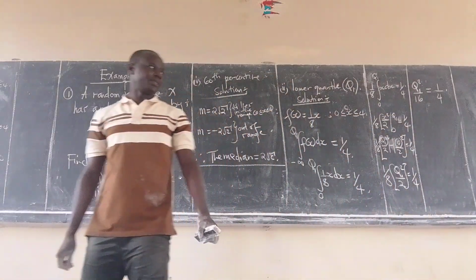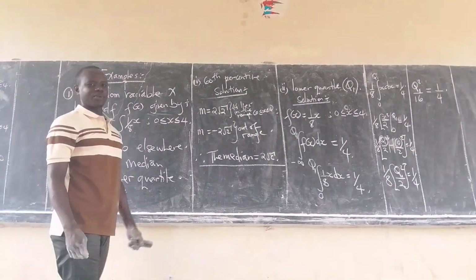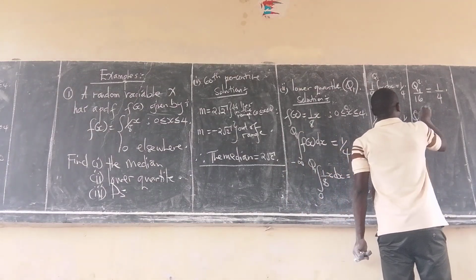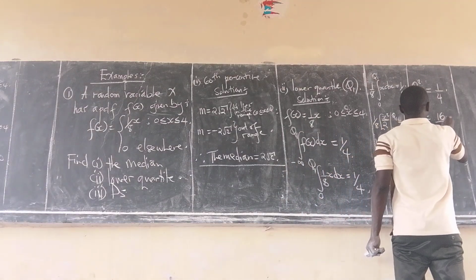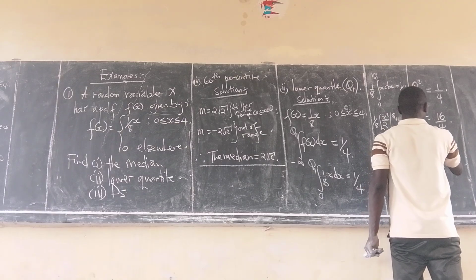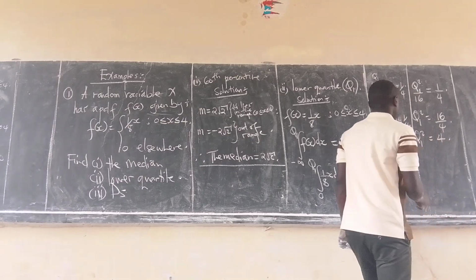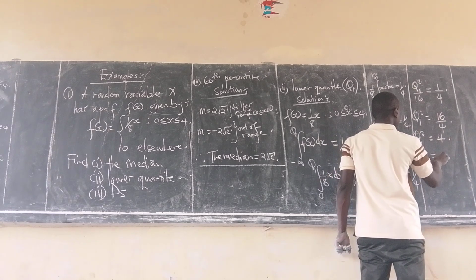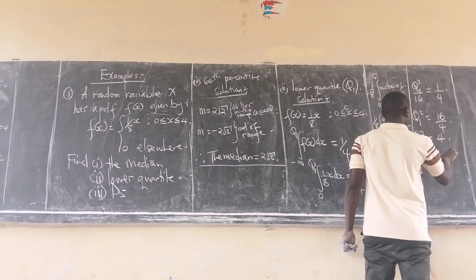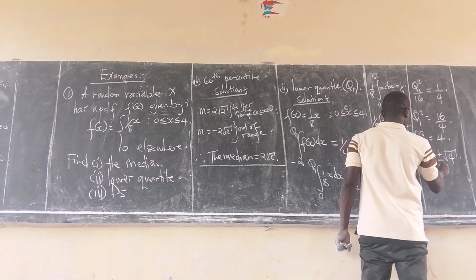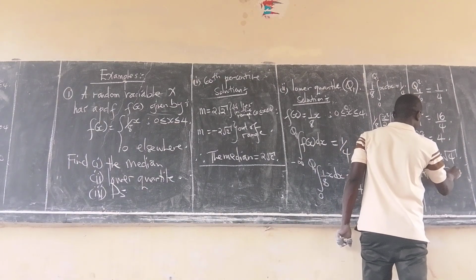So after equating that to a quarter, we want to get Q1. So our Q1 squared is going to be 16 over 4, and Q1 squared is going to be 4. So it means that Q1 is either positive or negative root of 4, and Q1 is positive or negative 2.